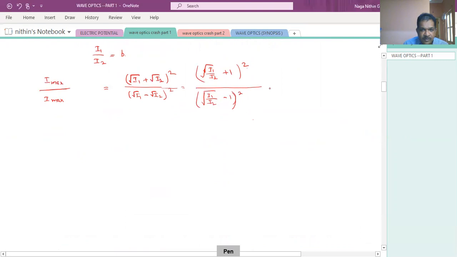This value will be (root b plus 1) whole square by (root b minus 1) whole square. This is I maximum by I minimum.